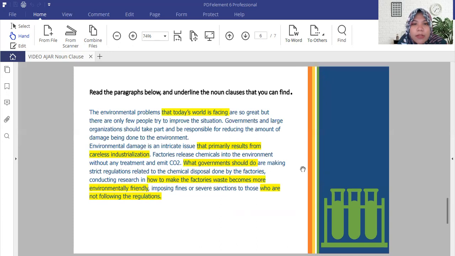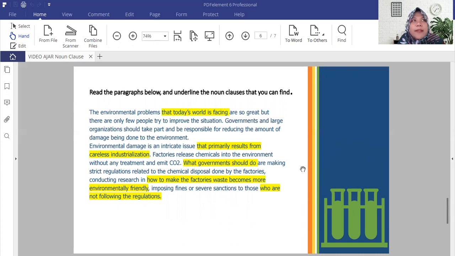Factories release chemicals into the environment without any treatment and emit carbon dioxide. What government should do are making strict regulation related to the chemical disposal done by the factories, conducting research in how to make the factories' waste become more environmentally friendly, imposing fines or severe sanctions to those who are not following the regulation.